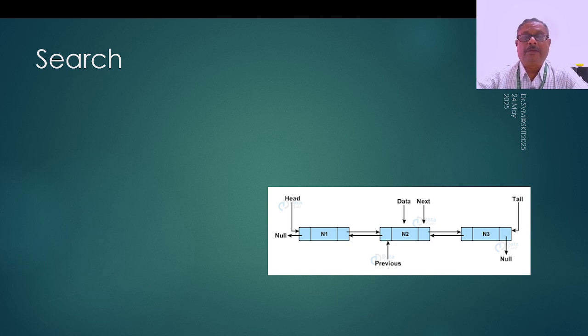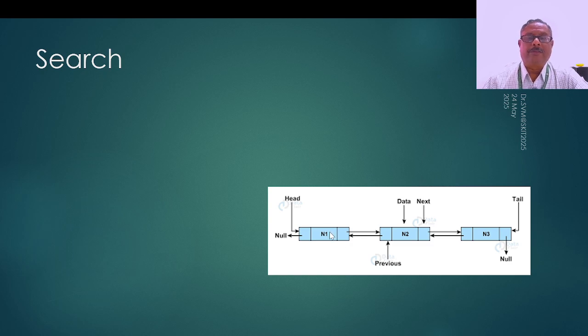Now let us see how an element in a doubly linked list can be searched. So we have a doubly linked list with some number of nodes. The first node is called the head and the last node is called the tail.